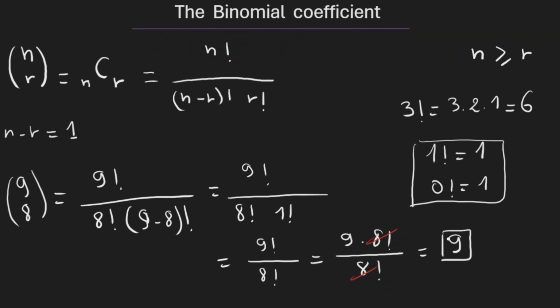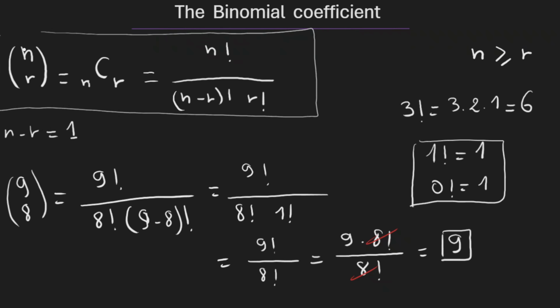So from now on you know how to evaluate the binomial coefficient of any expression. All you need to do is apply the general formula here, and there you go.